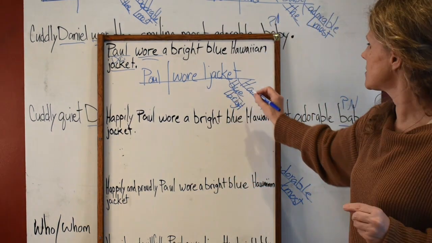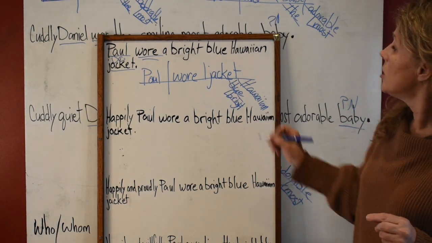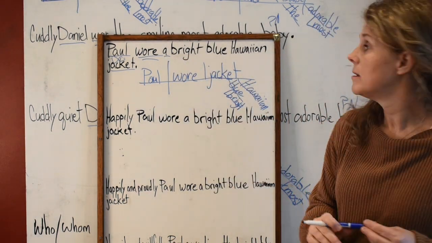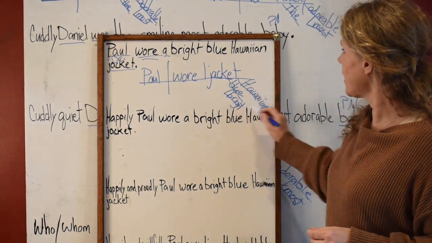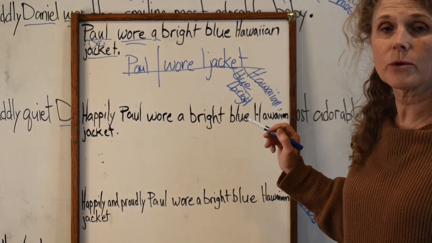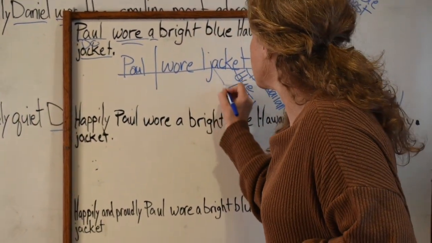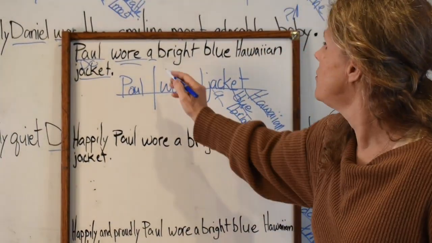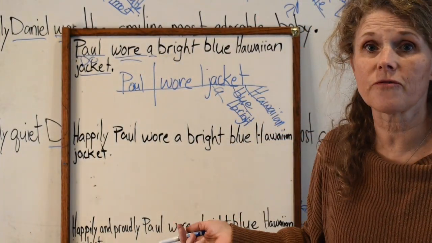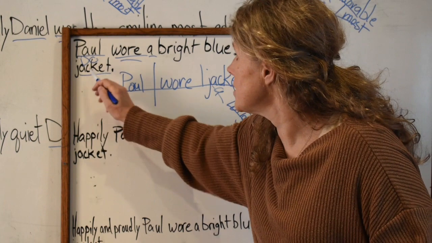Sorry, it's hard to write sideways, so my handwriting isn't right. So "a" is an article describing what? It's describing the jacket. This is an article. You know a noun is going to follow it. That's your noun.